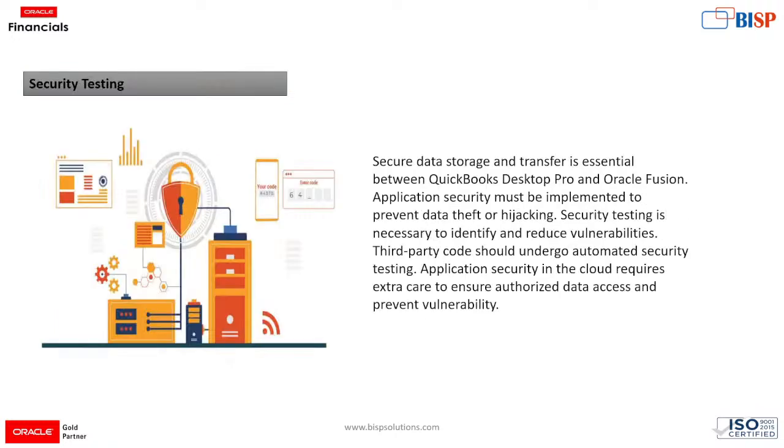Security testing. In order to ensure the security of the data being transferred from QuickBooks to Oracle Fusion, it is essential to verify that all the data is stored and transferred securely. Appropriate application security measures must be implemented at the application level to prevent data theft or hijacking.